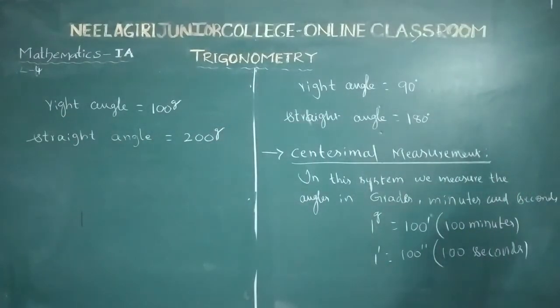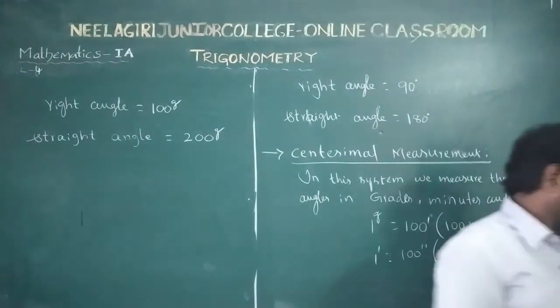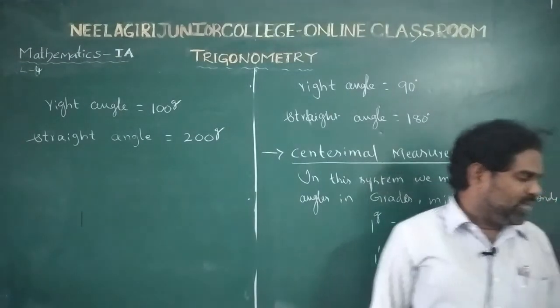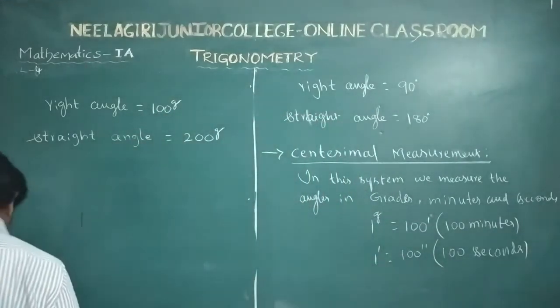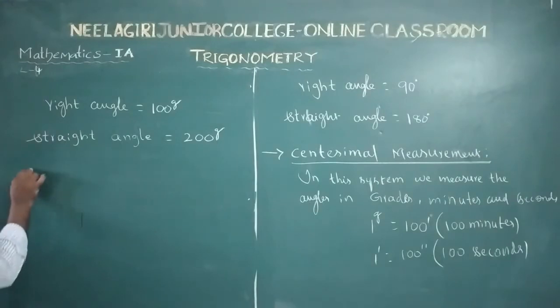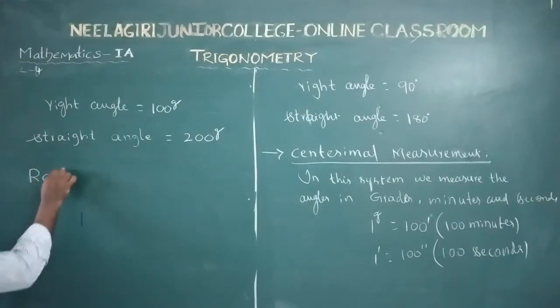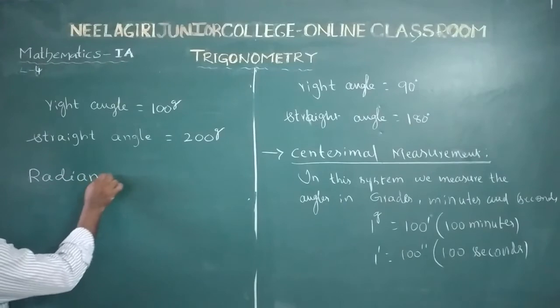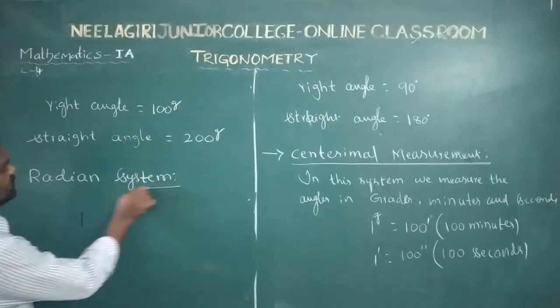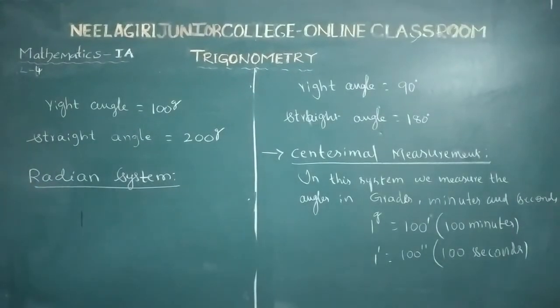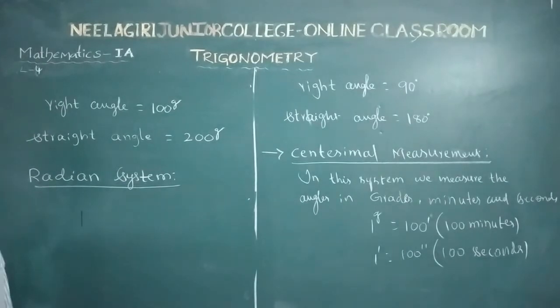We have one more system to measure the angles, that is the radian system. The radian is used to measure the angle.